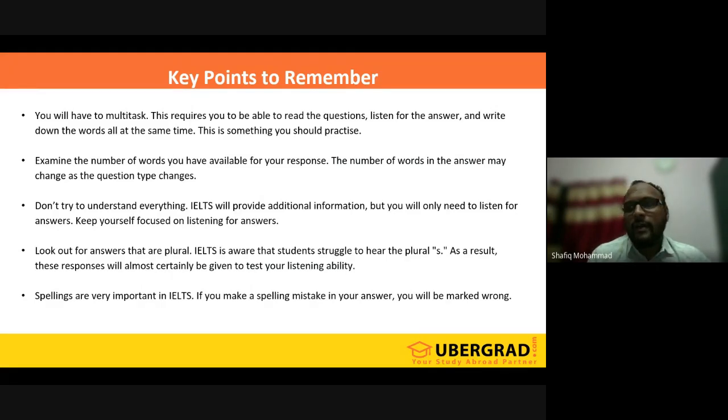In computer based, the one good advantage is you'll get the result in 5 days. If you feel the band score you got is not satisfactory, you can take another test next week or whenever a date is available. You can book a test immediately once you get your result.